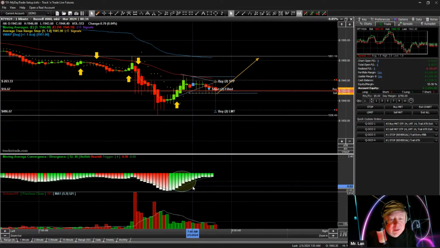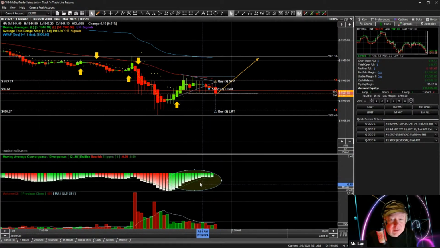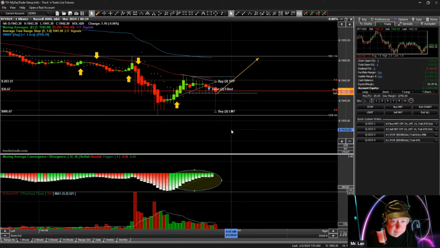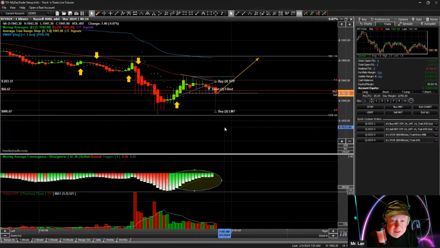Look at our MACD saying, sorry, Lan, we give you the call to arms, but the thing is failing on us here. It's doing nothing. Our best move right now would be to get out at break even and just sit and wait for another setup. But I'm going to hold on to it for a minute and see if it won't go.